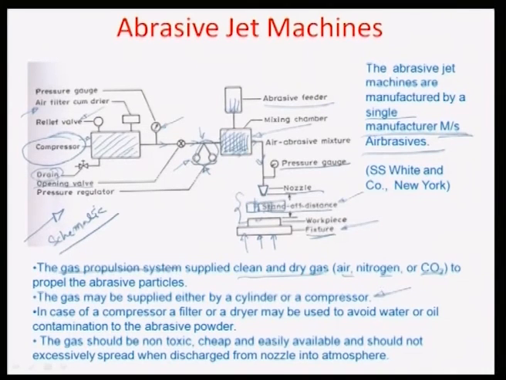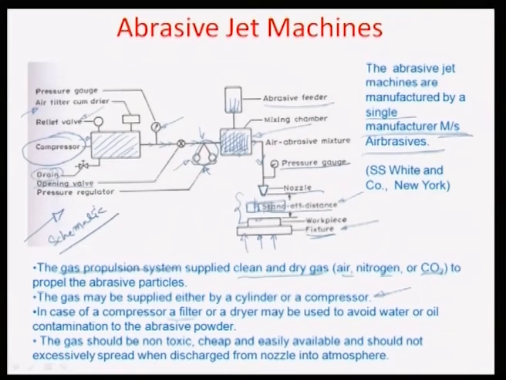If it is a heavily used machine, then typically it comes with an inbuilt compressor unit, and in the case of a compressor there has to be a filter. So the gas has to be filtered before feeding, so that you can have clean abrasives mixing with clean gas.